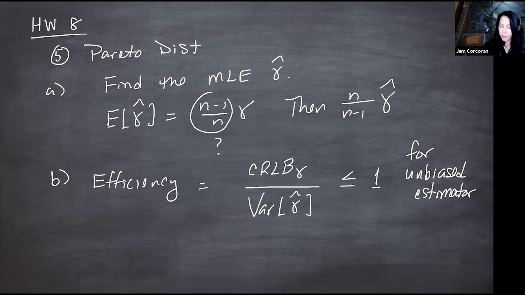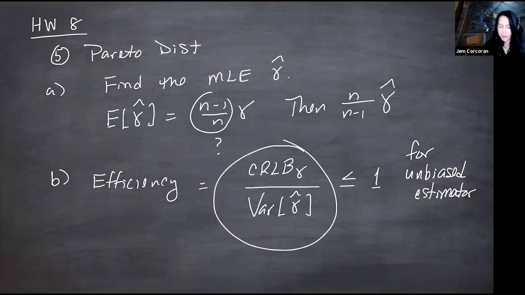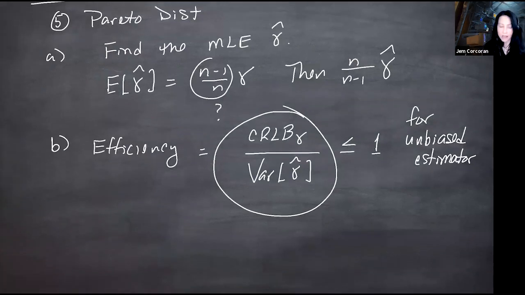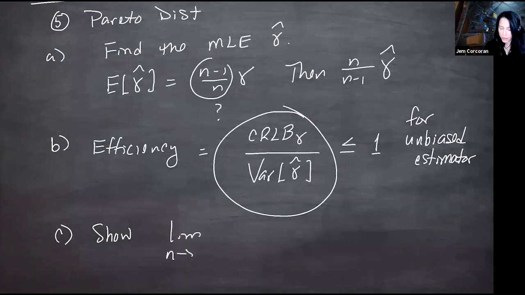So for part B, you want to compute this, and we're going to have lots more practice with Cramér-Rao lower bounds today. In fact, we haven't done any, but we did do the Bernoulli. And in part C, you just want to show that the limit as n goes to infinity of this thing I just circled is going to 1.